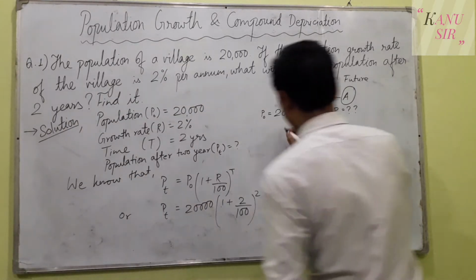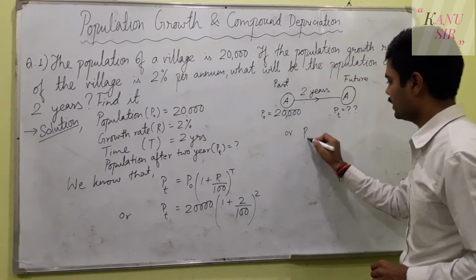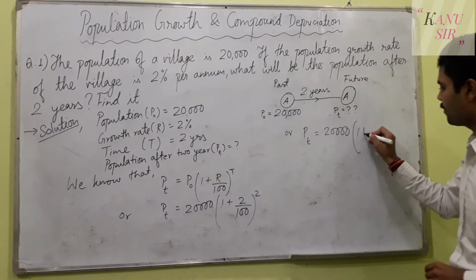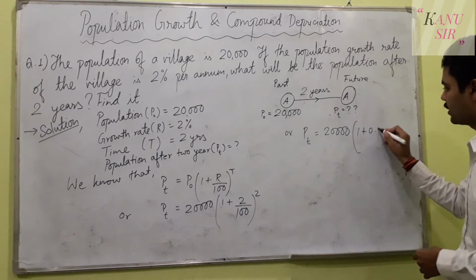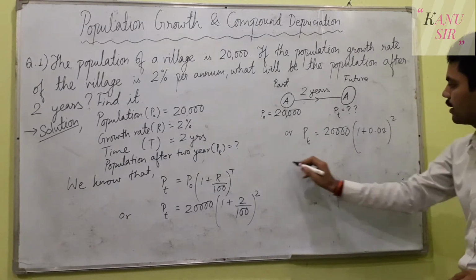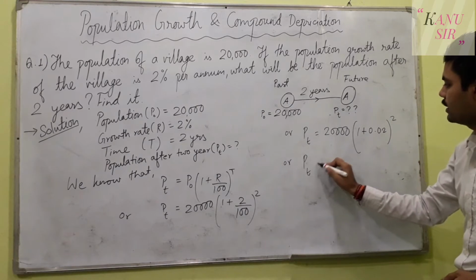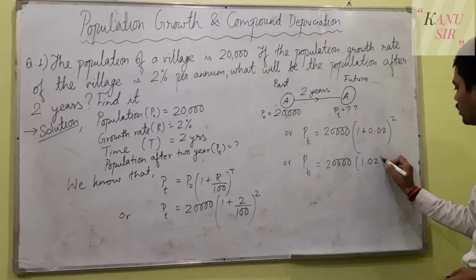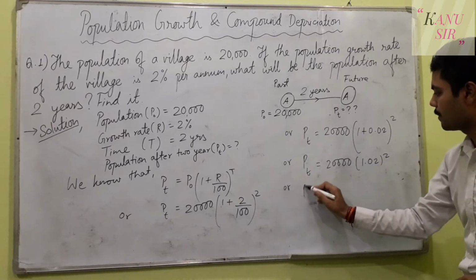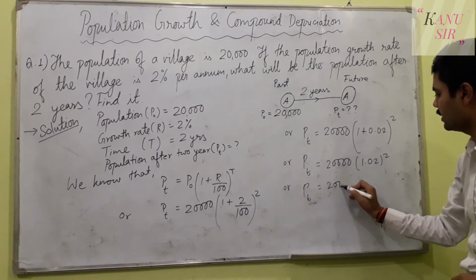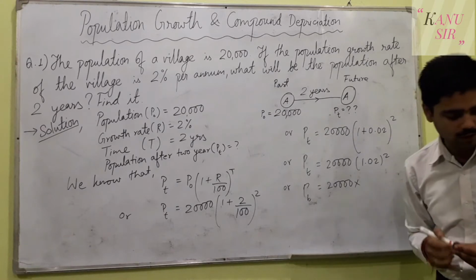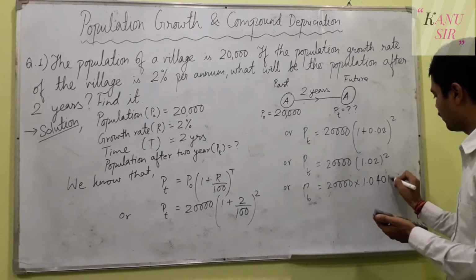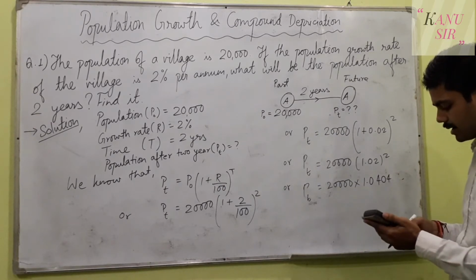Now we can write PT is equal to 20,000 times (1 plus 0.02) whole square, or PT is equal to 20,000 times 1.02 whole square, which is 1.0404, and we will multiply it by 20,000.